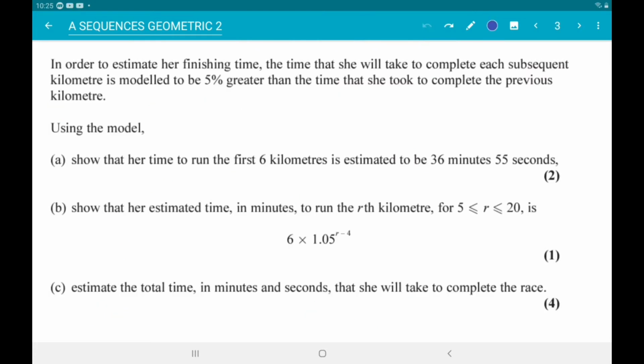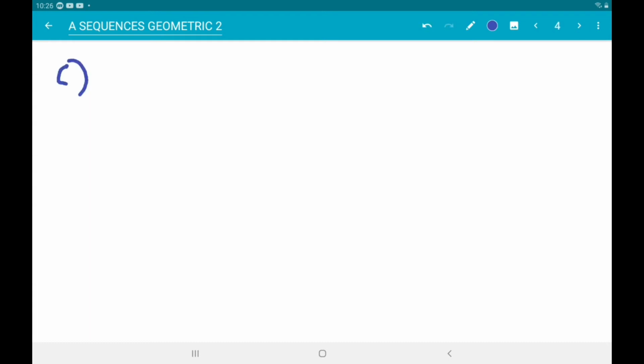Alright, now part C wants us to estimate total time to finish the race. So, we know the total is the 24 minutes for the first 4 kilometers, and the time for the last 16 kilometers.